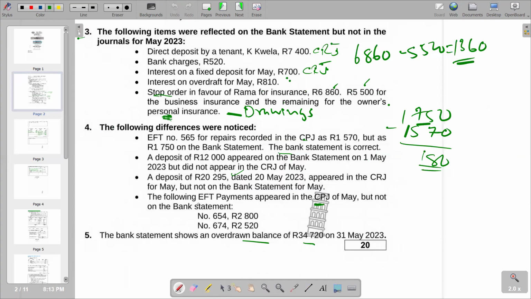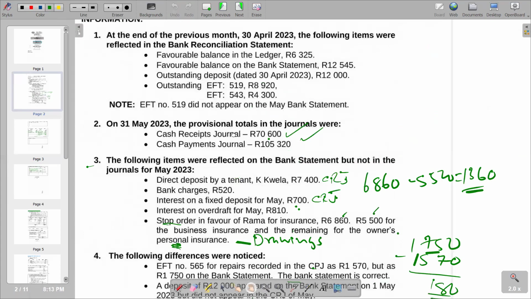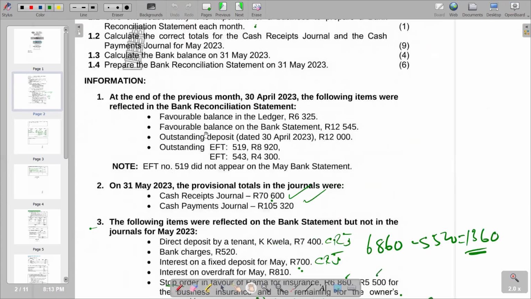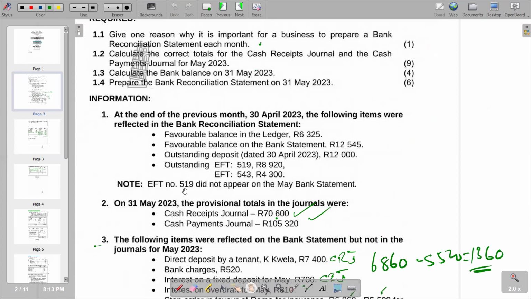But on the outstanding EFTs, we also have to go back to the previous month's bank reconciliation to check if there is an outstanding item that also needs to be put in the current bank reconciliation statement. Here we are given outstanding EFTs 519 and 54 that did not appear on the May bank statement. So 4,300 appeared, but this one did not appear.